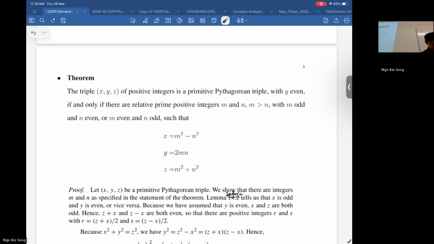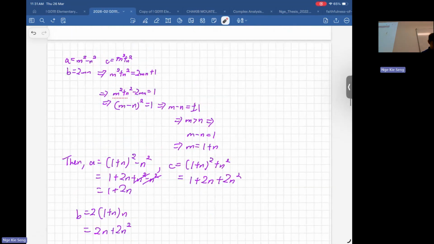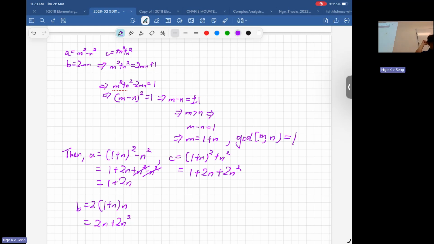Okay. It's better. Does it help? Relatively prime, and then satisfy this. So we have two conditions here. GCD of m, n to be 1, then m is n plus 1.